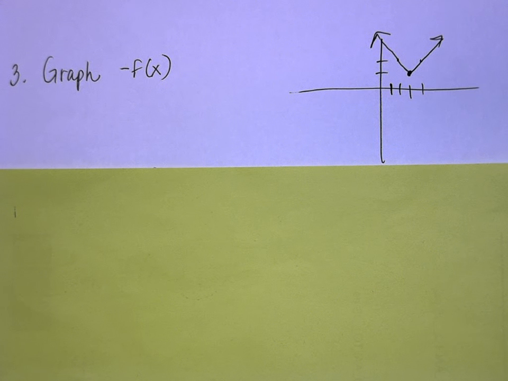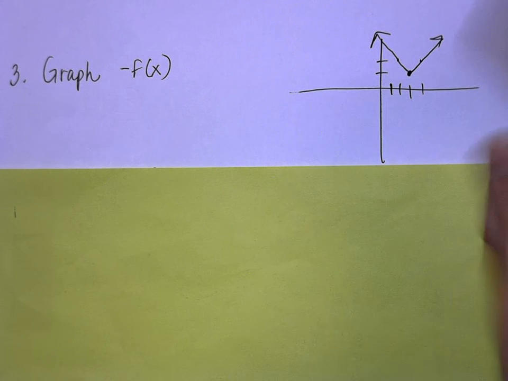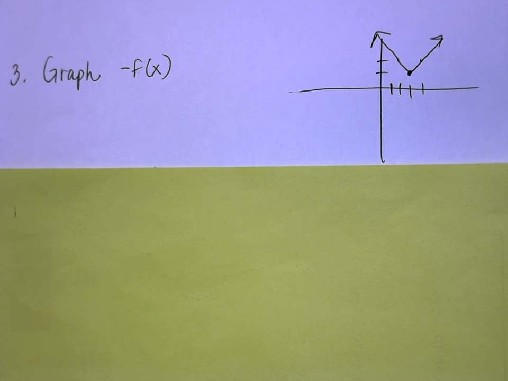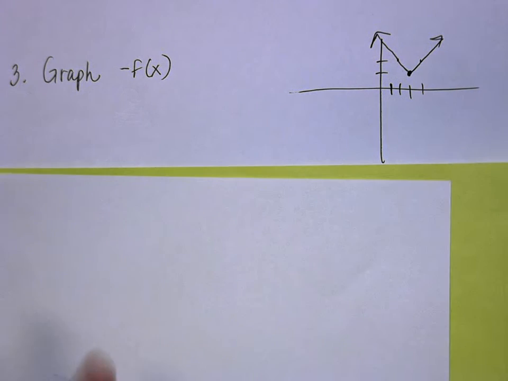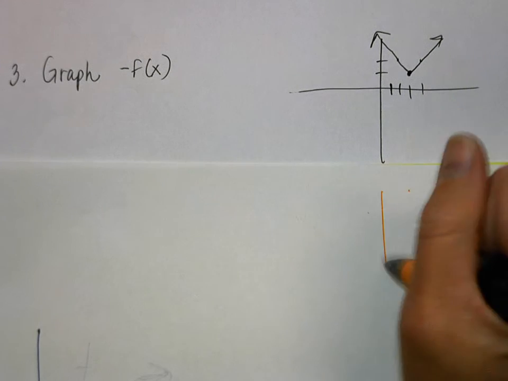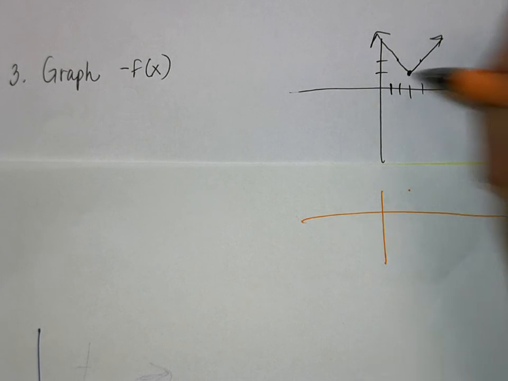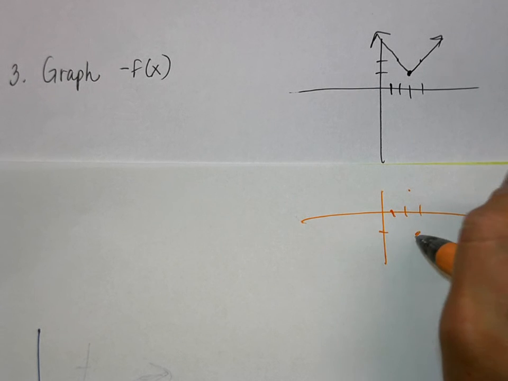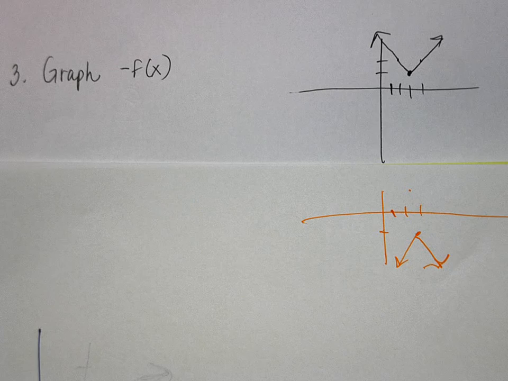That would be the x-axis. Okay, so this one reflects over the x-axis, and so since it's at 3, 1, you would be at 3, negative 1, and going down-ish, like that.